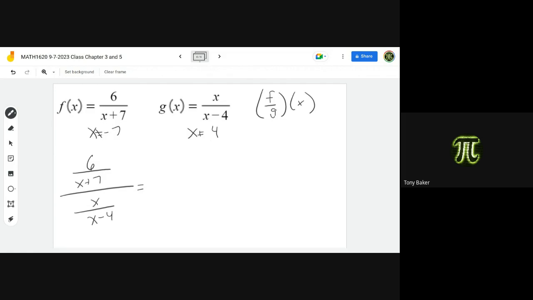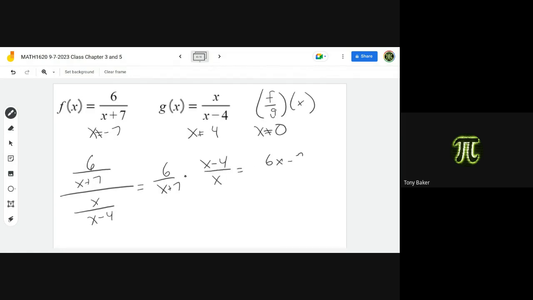Okay, so in the last one, I had a 9 on top and it didn't make a difference. However, in this case, if I put 0 as x, I have 0 on the bottom of this denominator. So now x equals 0 is also a domain restriction for this one. So now we have the 6 over x plus 7 times x minus 4 over x.